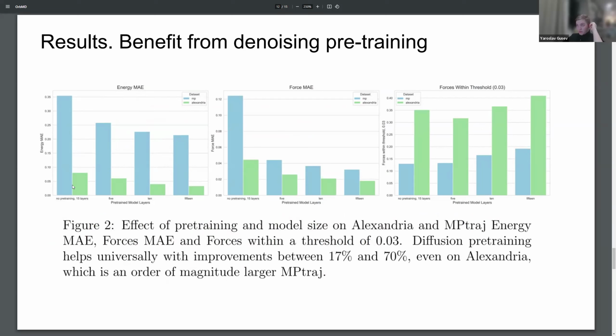So those are the results of different runs from left to right.